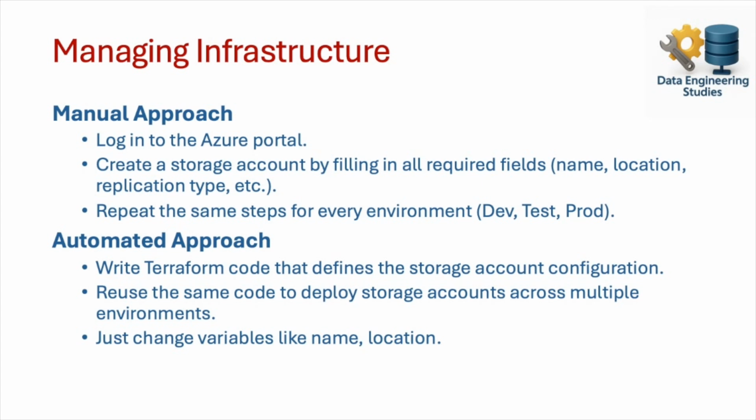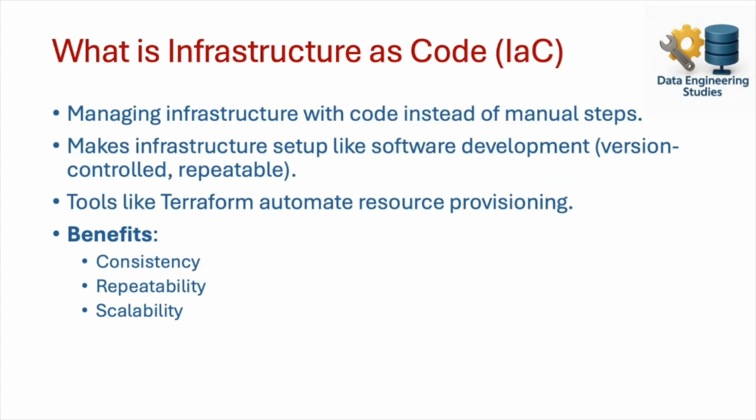Now let's see what is infrastructure as a code. Instead of managing the infrastructure through manual steps, infrastructure as a code allows us to manage the infrastructure with code. This makes infrastructure setup work like software development. We can take advantage of version controlling, repeatable and easy to manage.